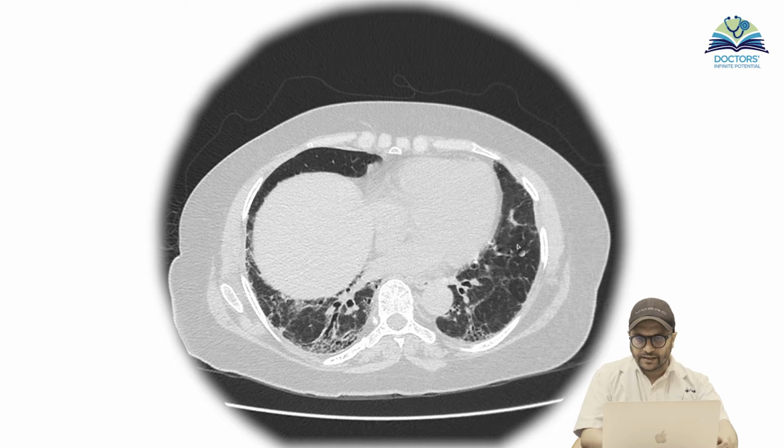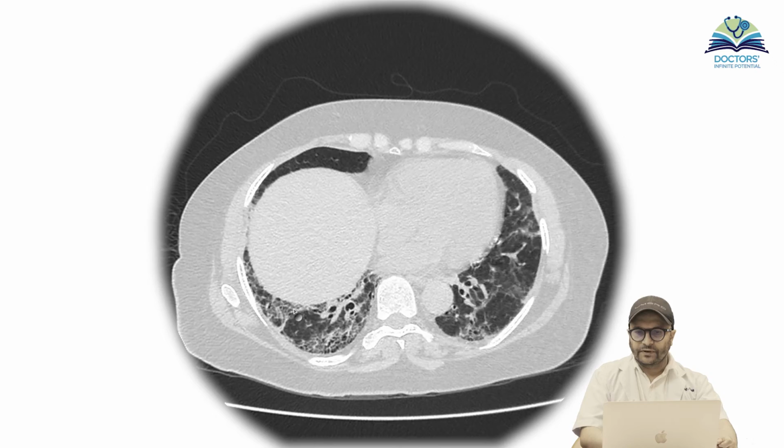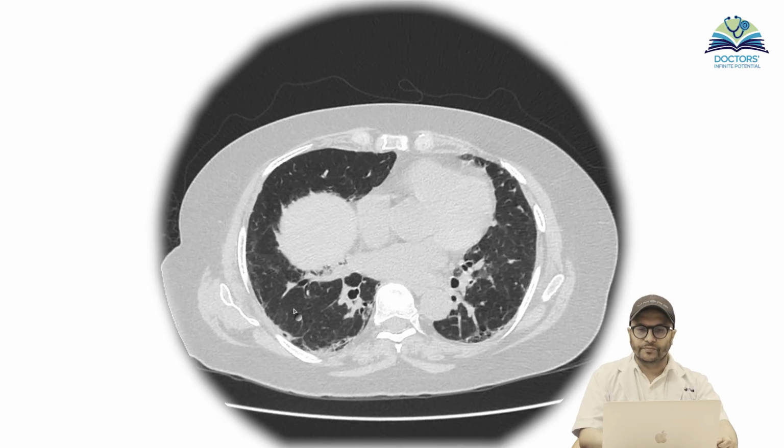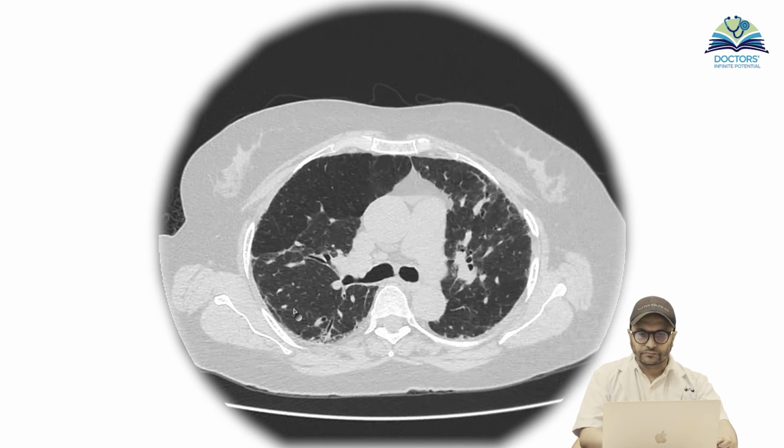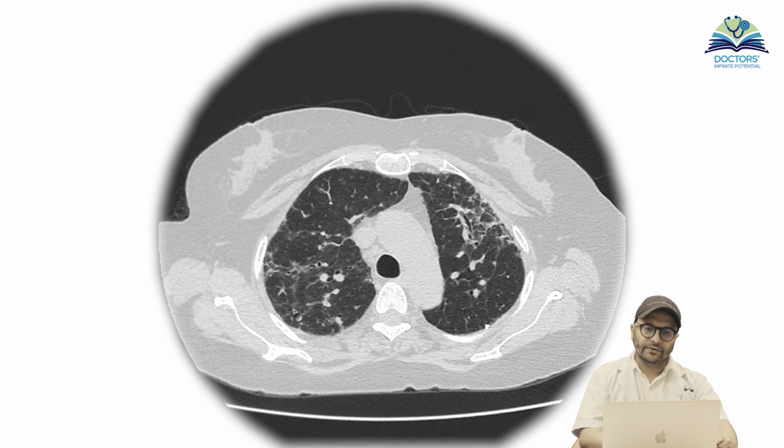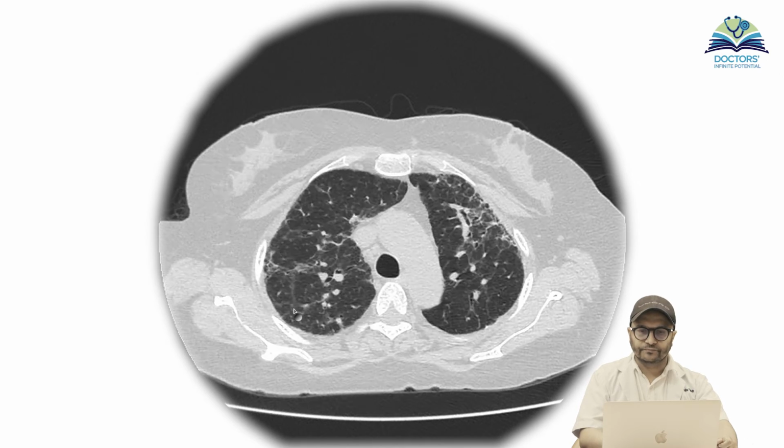These are the hazy areas of ground glass opacities in bilateral lung field, predominantly in bilateral lower lobes, comparing with bilateral upper lobes.